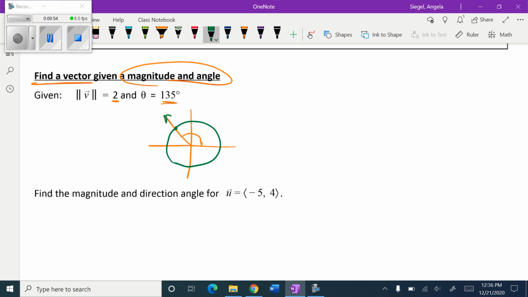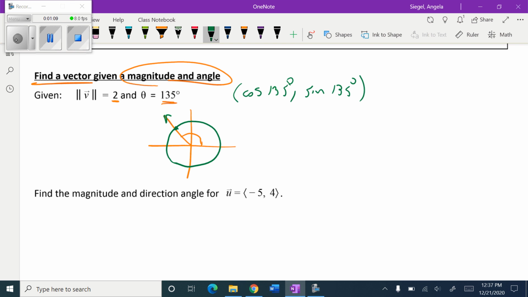The reason I'm doing that is because I'm using these values: my X value is going to be the cosine of 135, and my Y value is going to be the sine of 135.